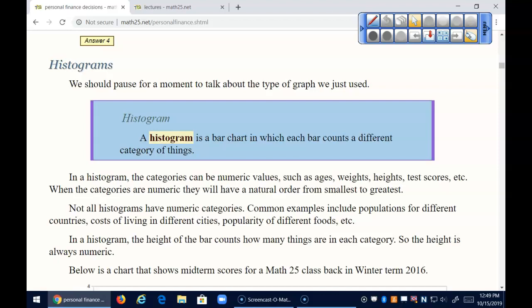Sometimes the categories are numeric values, like weights or grades, and then you would want to write them in order. Other times, they're not something with any natural sorting. Different countries, and how many people live in each country, or have a certain disease in each country, or are educated in each country, or cities, or foods, or something. So sometimes what's listed on the bottom doesn't have any natural order, and that's fine.